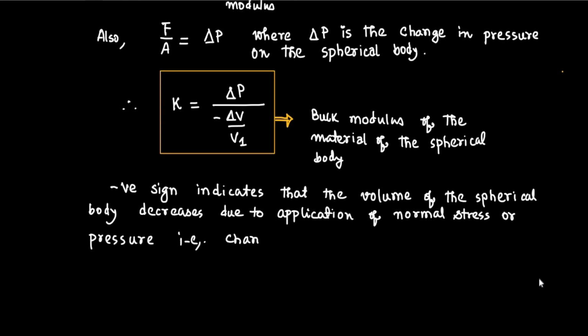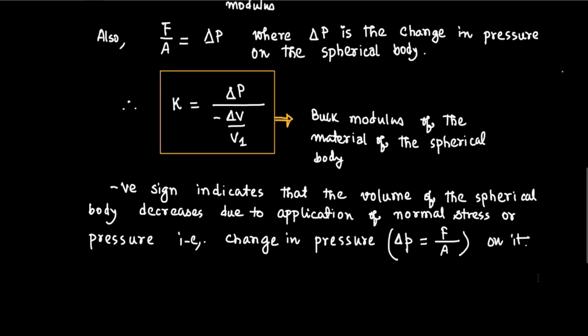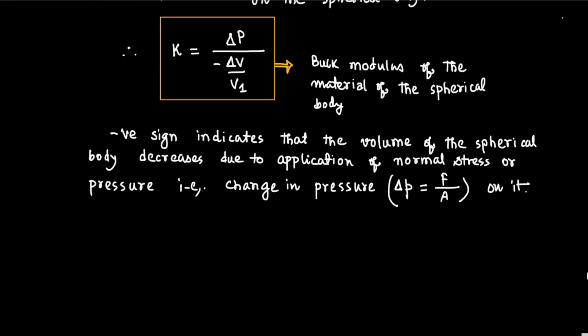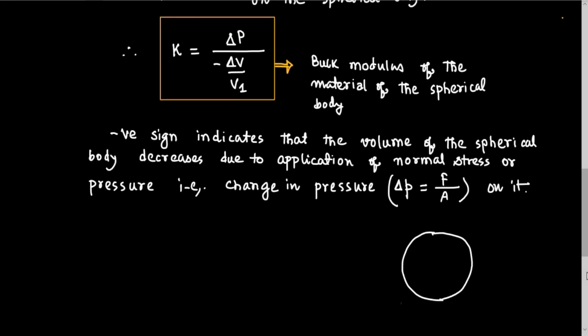That means volume decreases due to application of pressure, that is due to application of change in pressure. Delta P is equal to F by A.